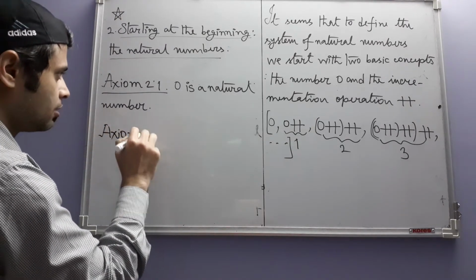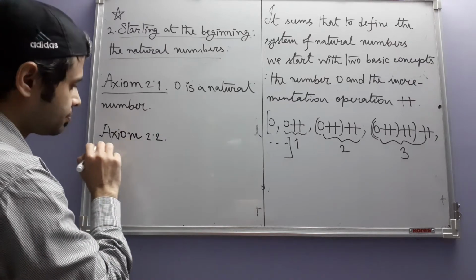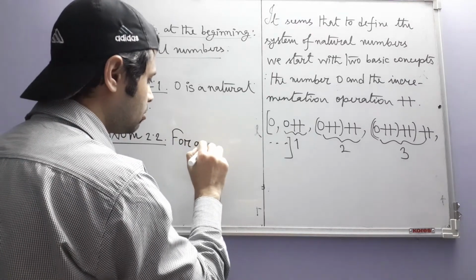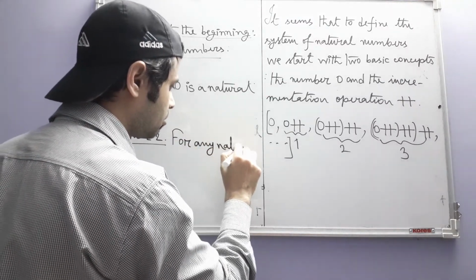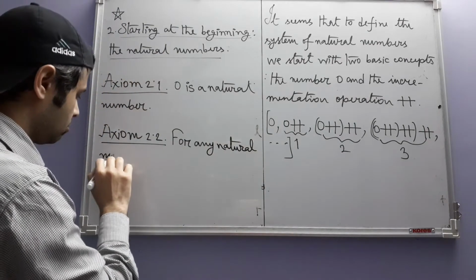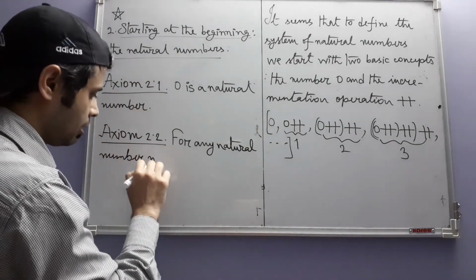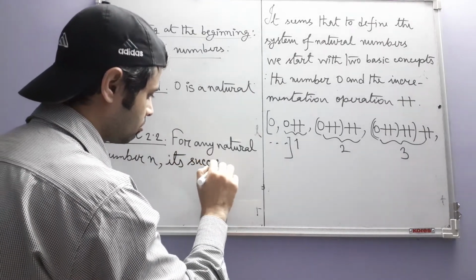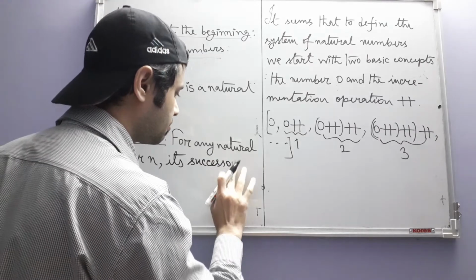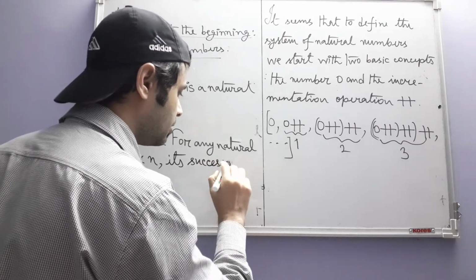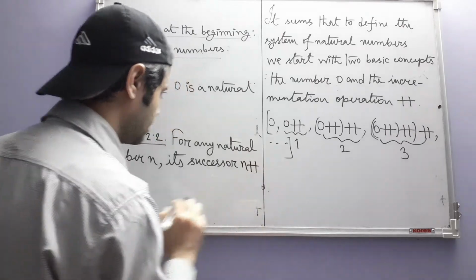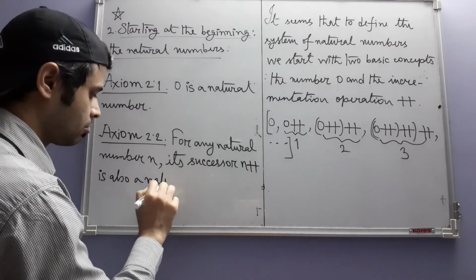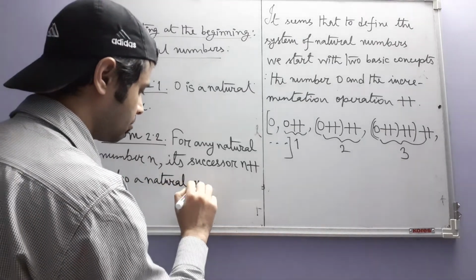The second one, Axiom 2.2: for any natural number n, its successor n++ is also a natural number.